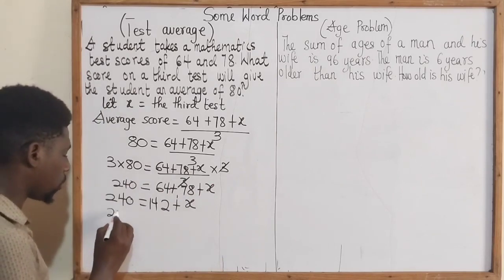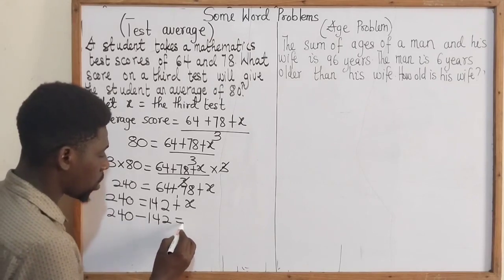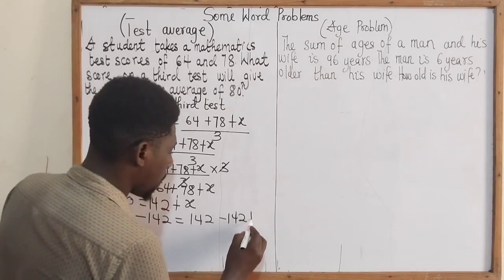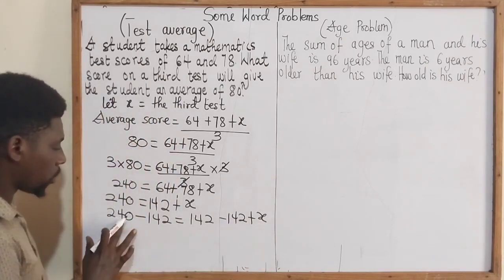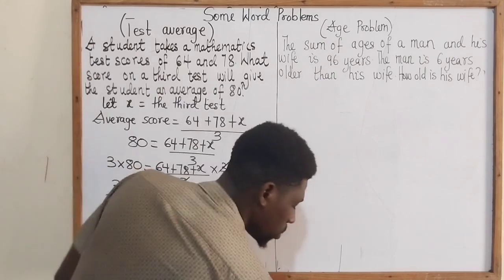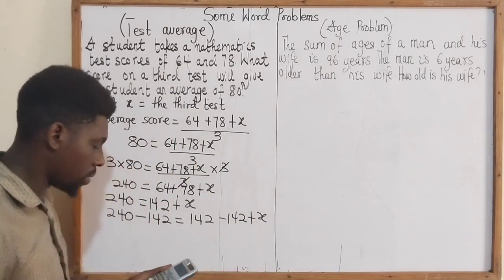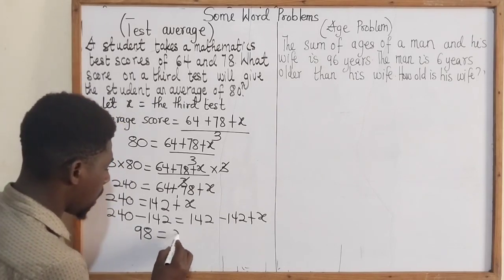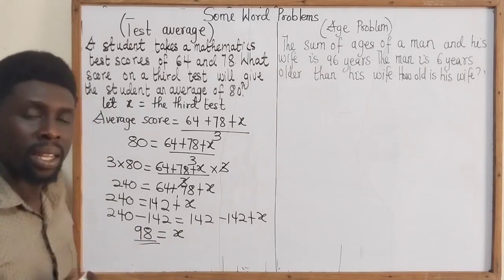So I'm going to get 240 minus 142 equals 142 minus 142 plus x, right? So 240 minus 142 should give me 98 as my third score. So hence x is equal to 98.